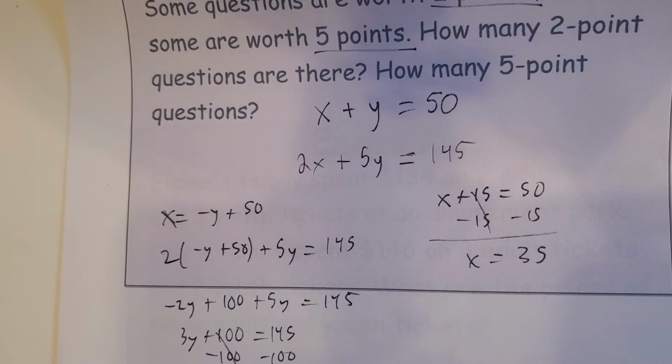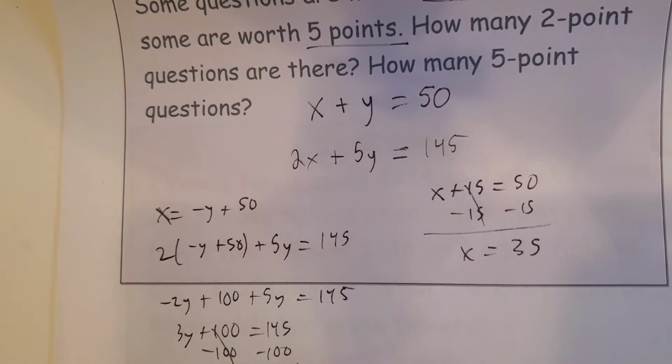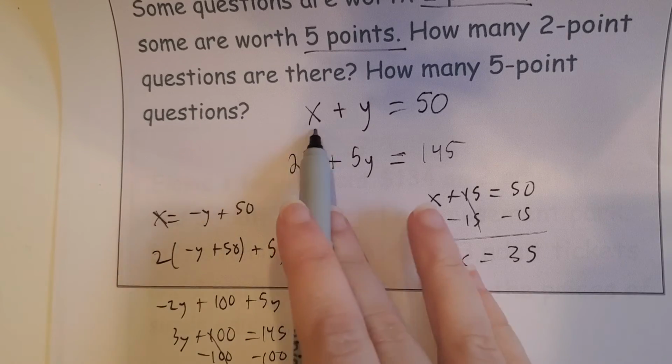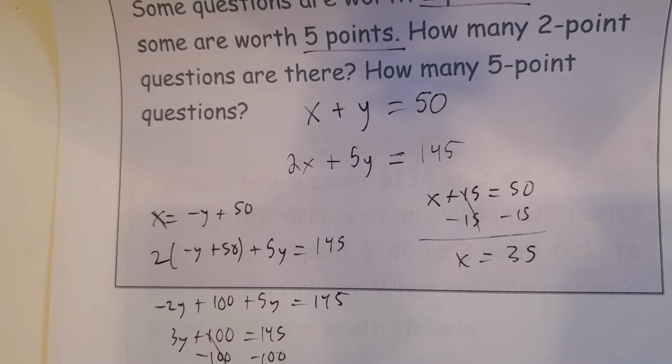Now, since this is a word problem, we do need units at the end. All right? Kind of like a little sentence or a little phrase to explain what these numbers actually mean. And you have to think back, well, what did x and y represent in the original problem? Well, x and y here was just the sum of the 2 types of questions.